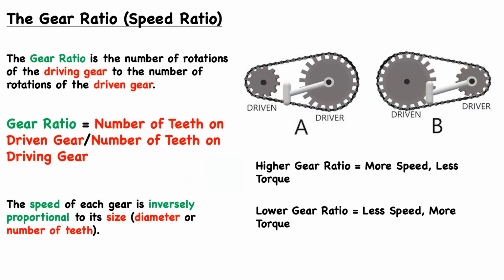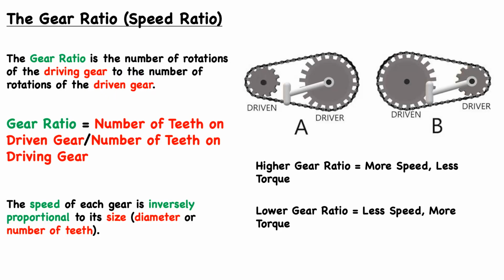Okay, now we can move on to talking about the gear ratio, which is also often called the speed ratio. And the gear ratio is the number of rotations of the driving gear to the number of rotations of the driven gear. So the driving gear is the one initially doing the rotating, and the driven gear is the one that receives this rotational force.